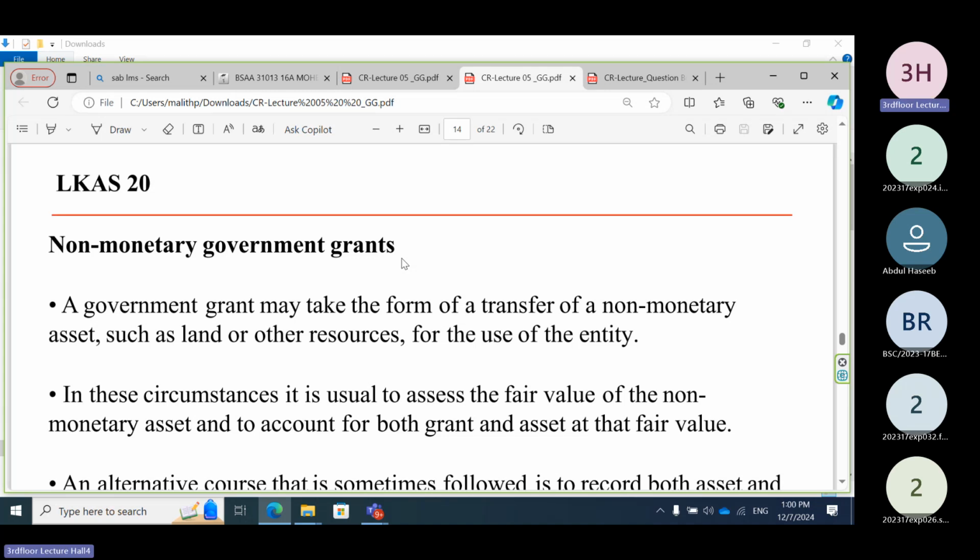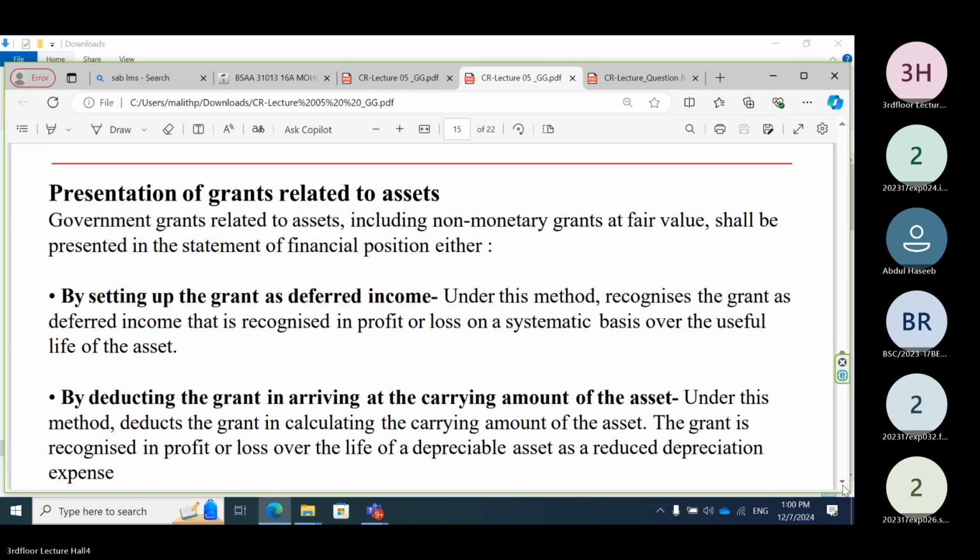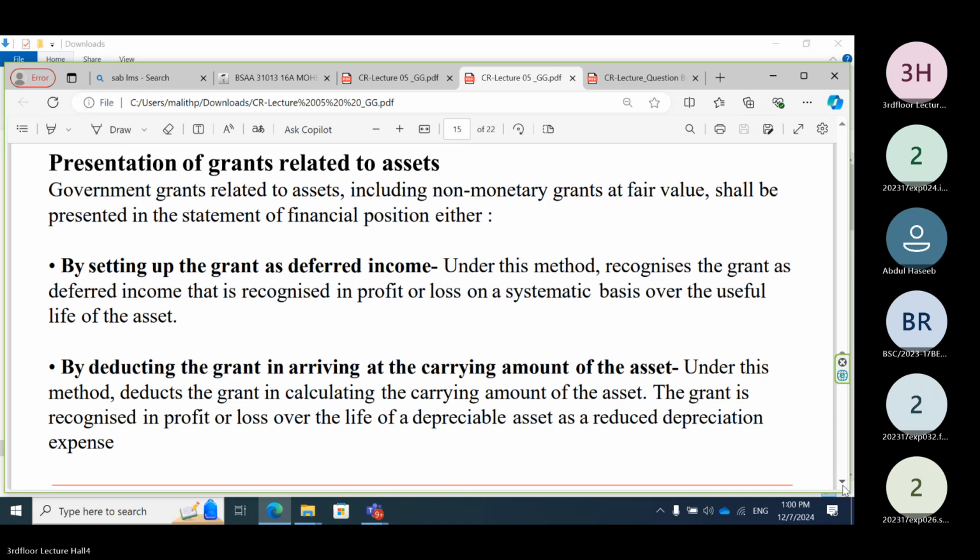That's your judgment. So then how are we going to present that in the financial statements? That's important.